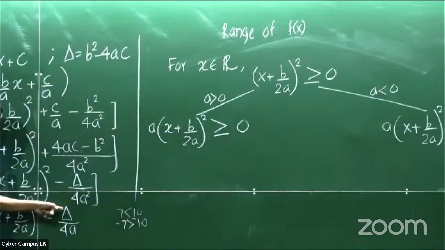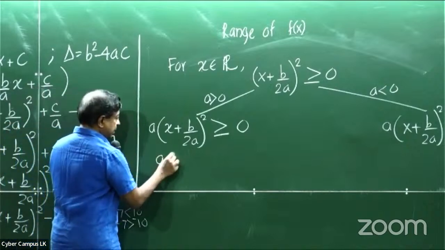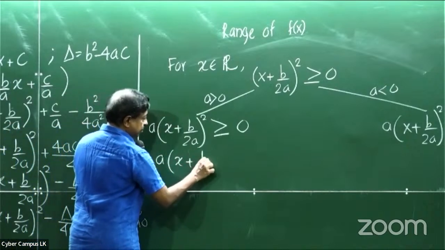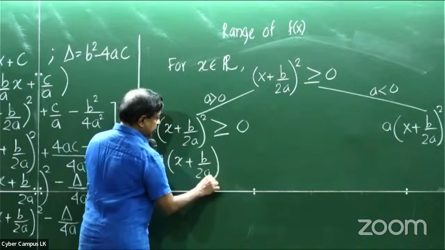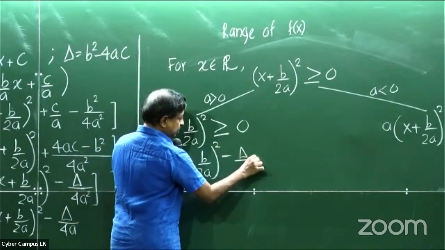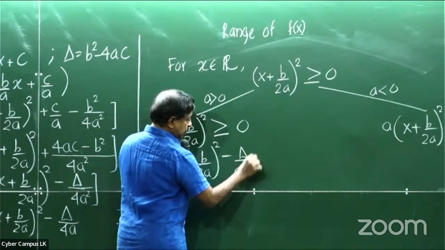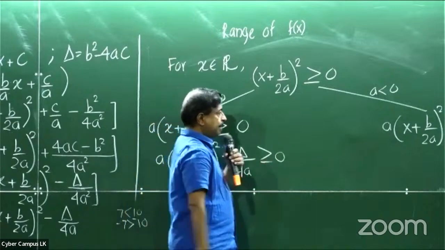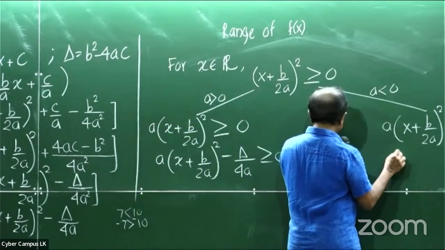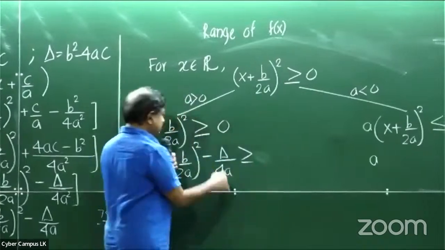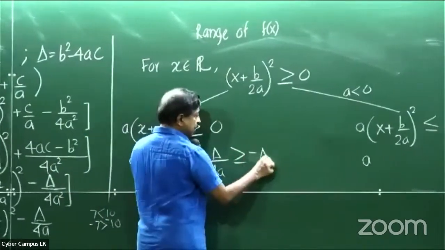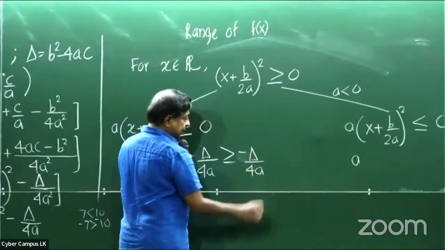Now you need to add this one. In fact, subtract this one. That will be equal to fx. Here, sorry, it's wrong. I subtracted this one, so I have to subtract it from both sides.